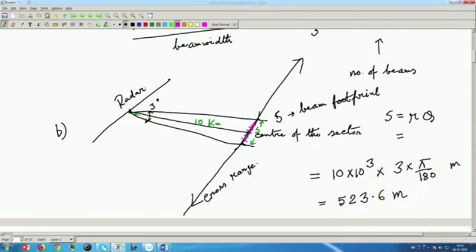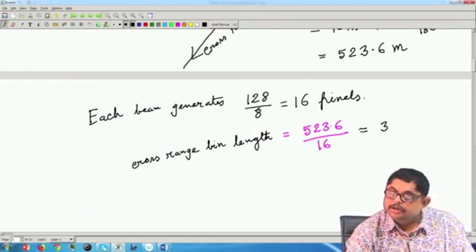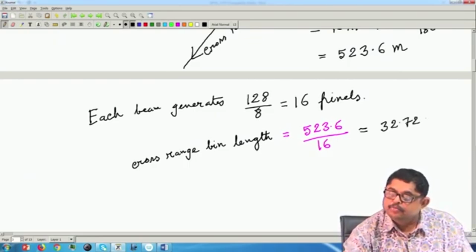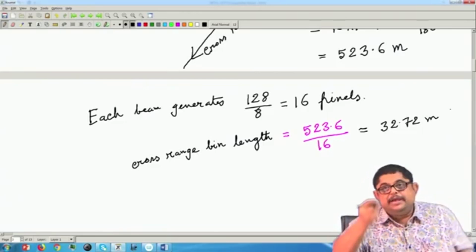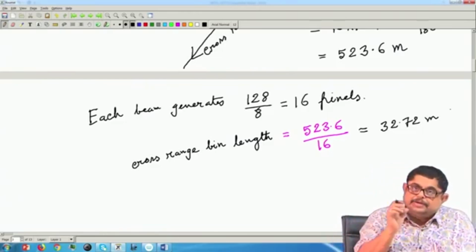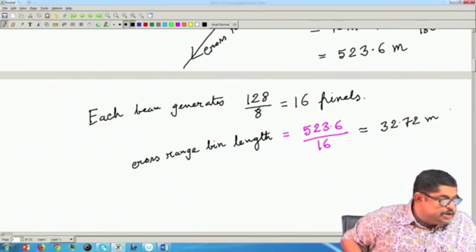So, what is the width of each one? The cross range beam length is 523.6 divided by 16, which will give me 32.72 meter, and that is the cross range resolution, because one beam coming from that portion, one cross range beam, has everything included there.